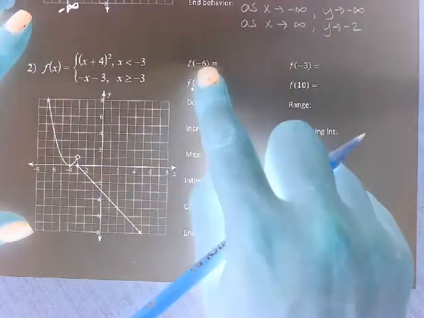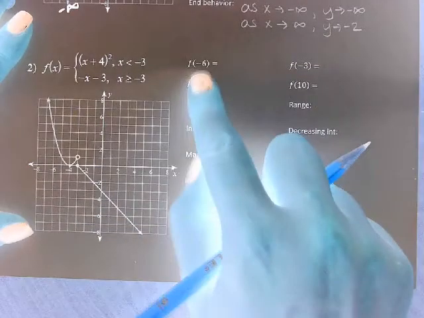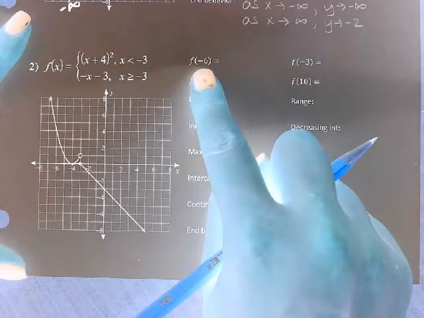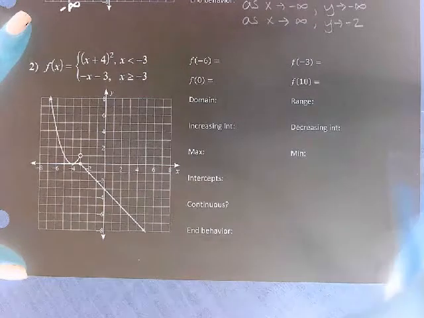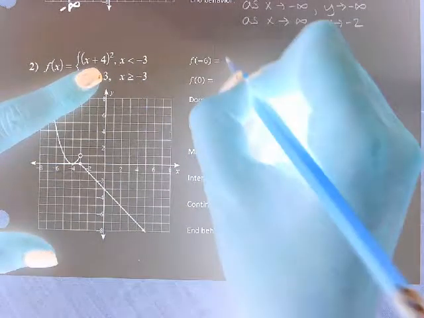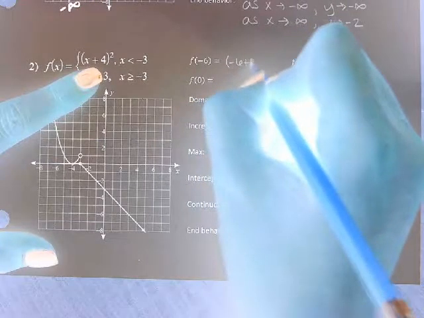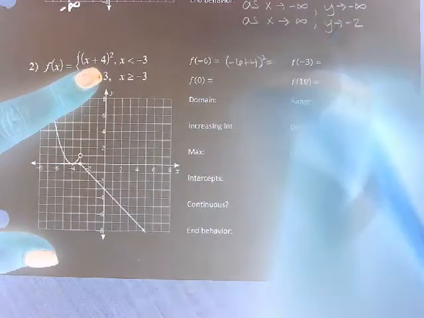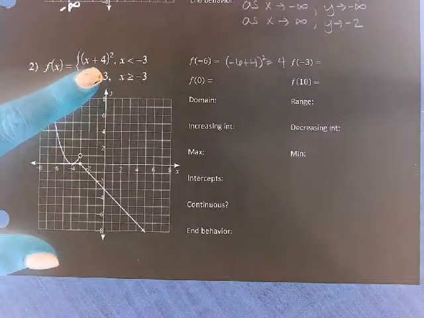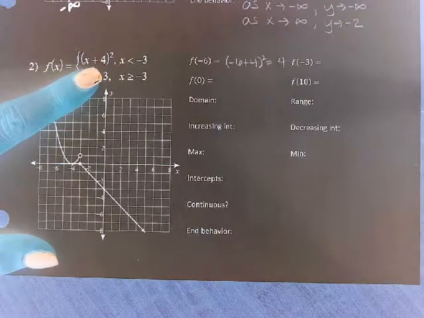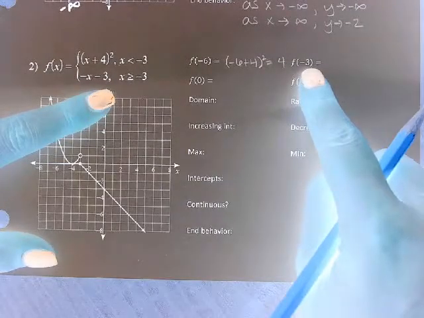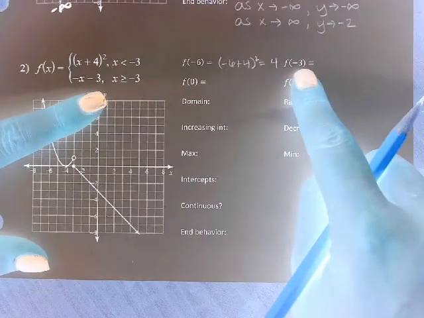So first we're going to plug in -6. Which of the two pieces can I plug in the -6 for? The first one or the second one? The first one. So -6 is less than -3. So we've got (-6 + 4) squared. That's (-2) squared, which is 4. Which one can I plug in -3 exactly? Yeah, the second one.